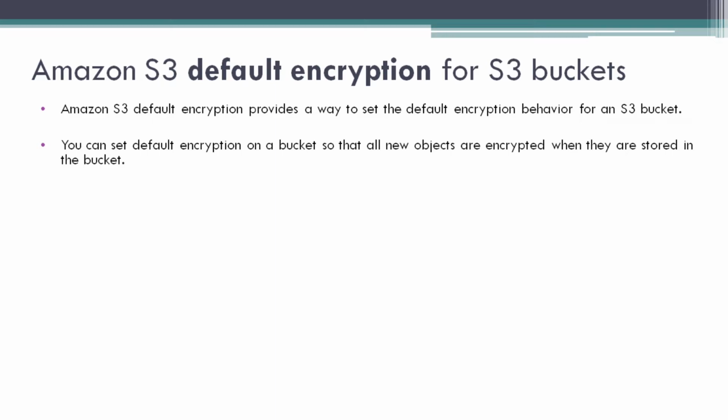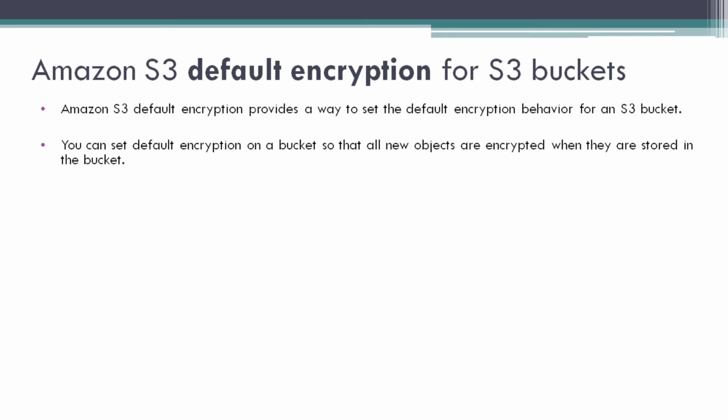You can set default encryption on a bucket so that all new objects are encrypted when they are stored in the bucket. If you enable default encryption, all the objects within that bucket will get encrypted by default.